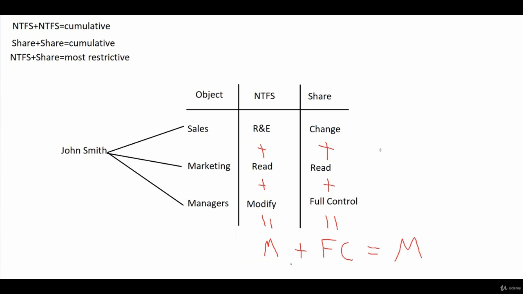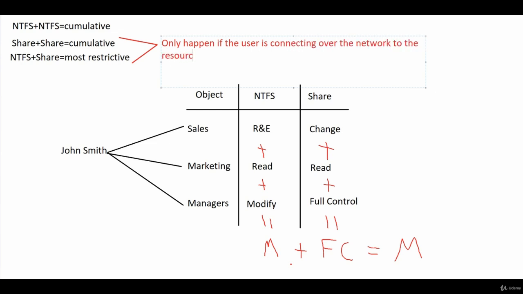Now here's another thing I want to warn you about. These permissions right here, these bottom two, here's a rule of thumb for you. These bottom two permissions will only take effect if the user is connecting over the network to the resource.